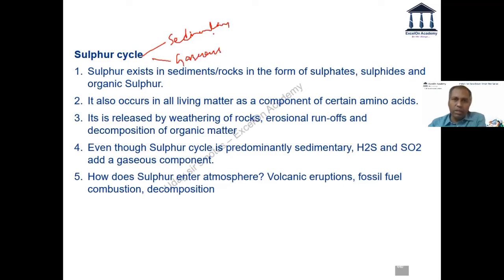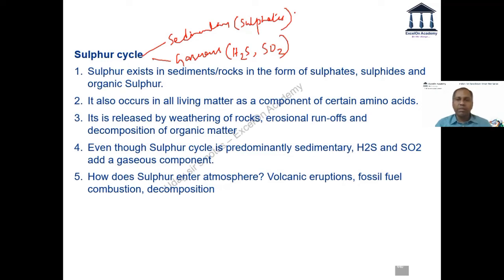This is the only cycle. Sedimentary because we talked about sulfates. Gaseous because in the whole sulfur cycle, gases like hydrogen sulfide and sulfur oxides are released.